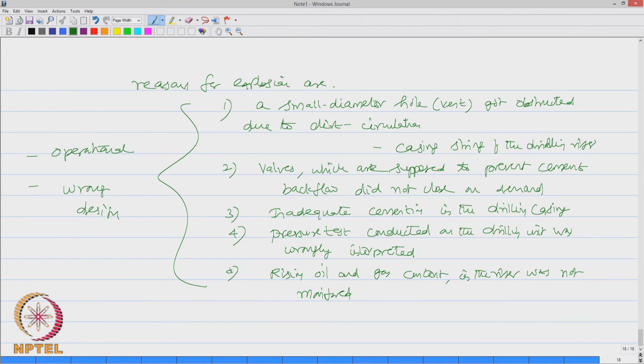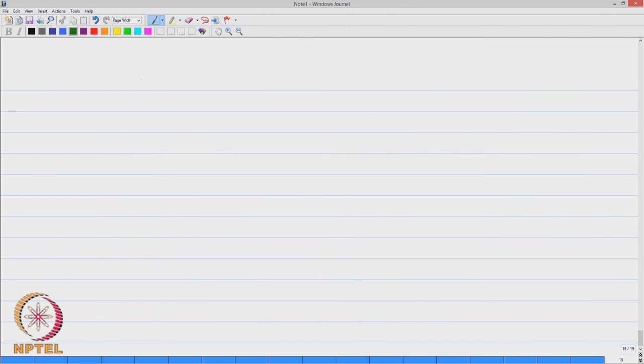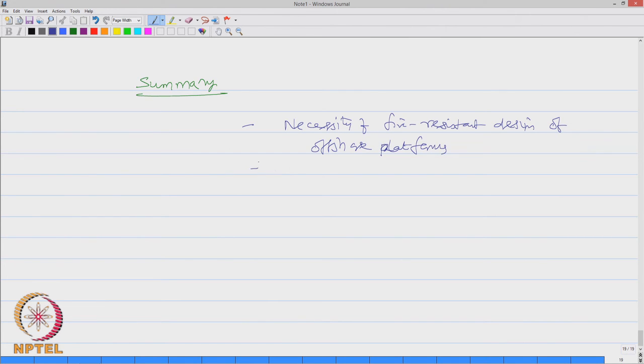So, friends, in this lecture we are trying to understand the necessity of fire resistant design of offshore platforms. We have also understood that offshore platforms deal with processes which are highly risky.